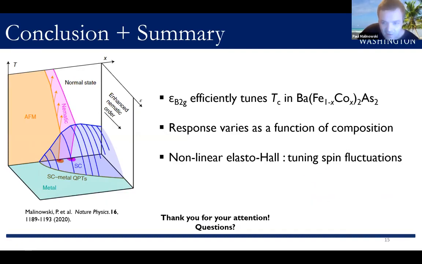In any case, I think our work motivates a more careful study of the effect of strain on the nematic and spin fluctuation spectrum across the phase diagram and how that correlates with the effect of strain on TC. So with that, thank you for your attention, and I'm happy to take any questions.